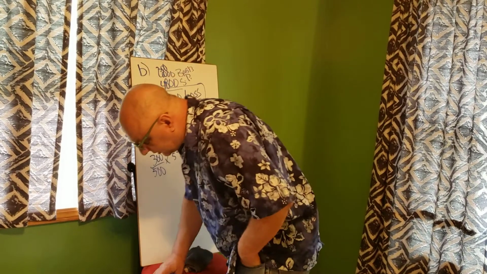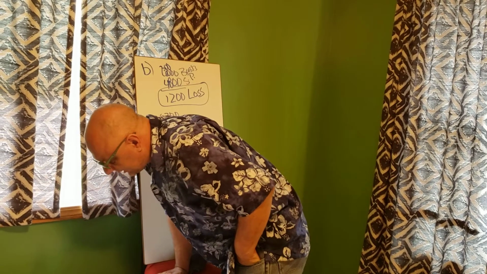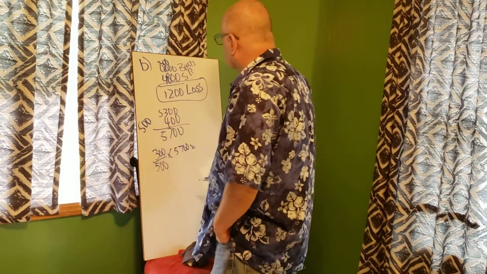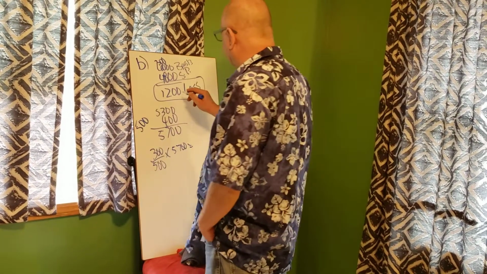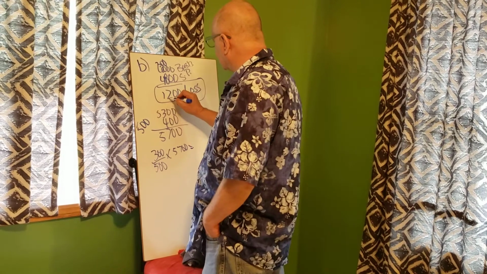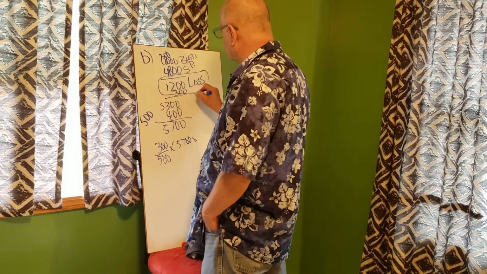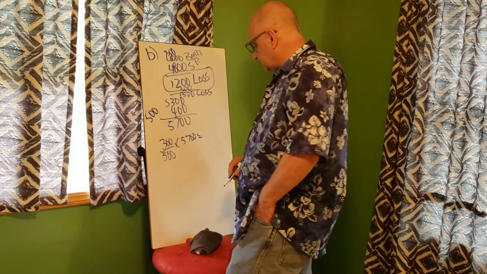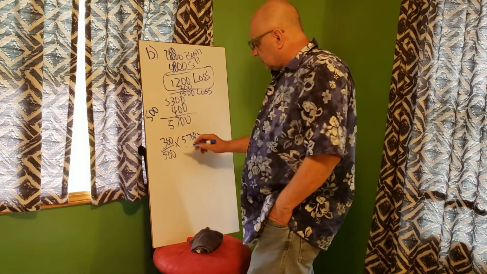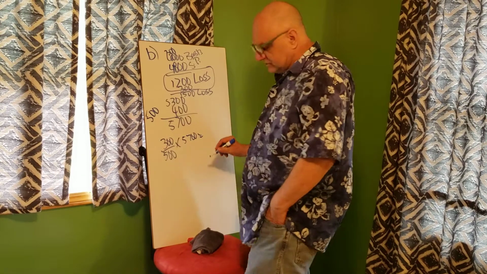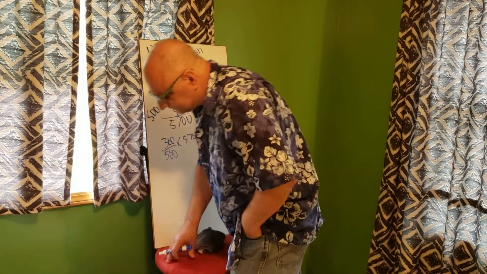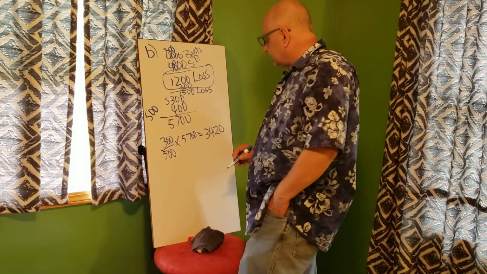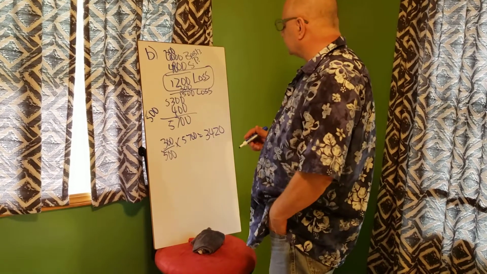Let me check my notes. That is going to be, let me go back here. There was also $300 of commissions here, producing a total loss of $1,500. So we're going to take 300 divided by 500 times 5,700, which gives me $3,420.